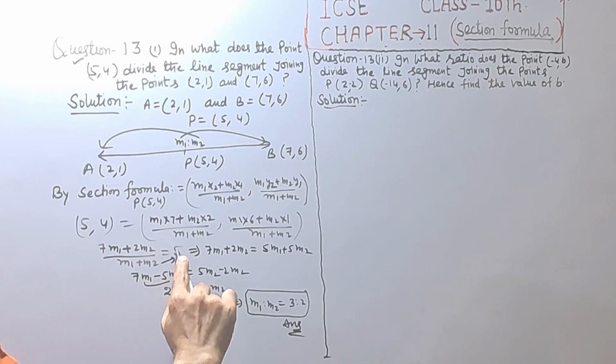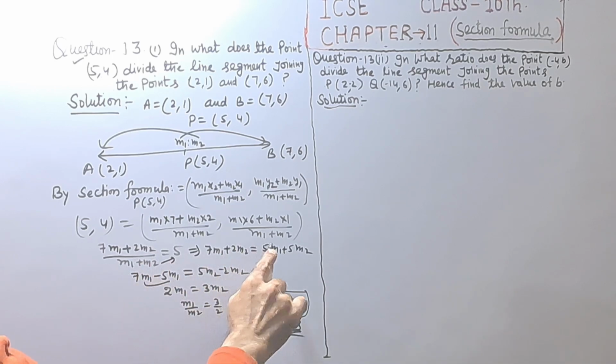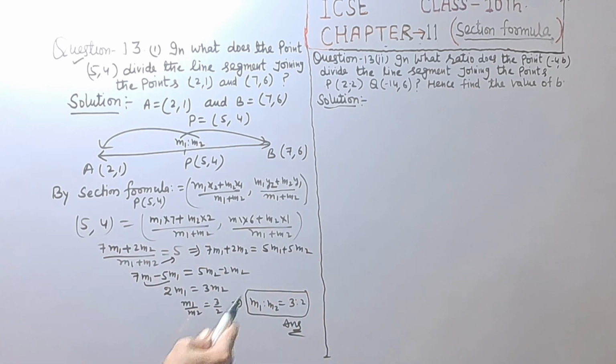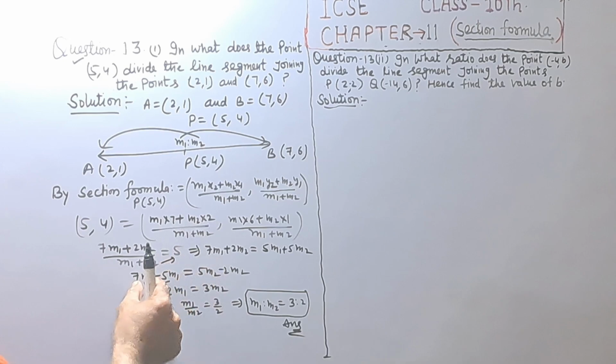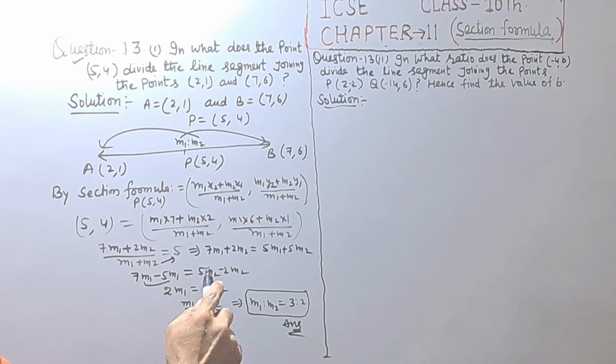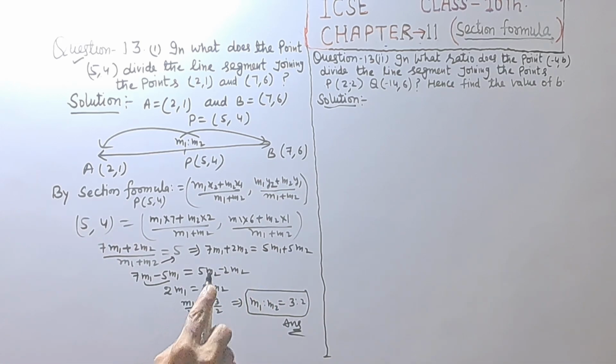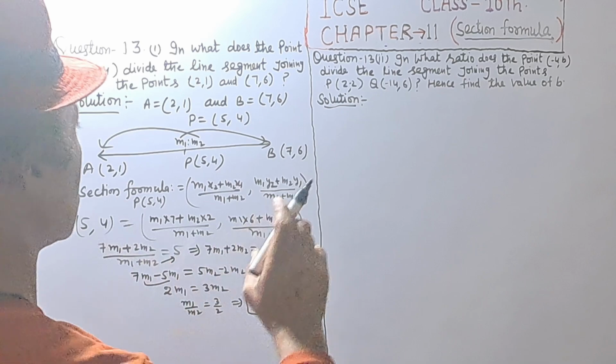Cross multiplying 5 into M1 plus M2, that is 5M1 plus 5M2. Shifting 5M1 to the left side, this will be negative, and 7M1 minus 5M1 is equal to 2M1, and 2M2 is shifting to the right side, then this will be negative, and 5M2 minus 2M2 is equal to 3M2. M1 upon M2 equal to 3 upon 2, which implies M1 ratio M2 is equal to 3 ratio 2. Answer.